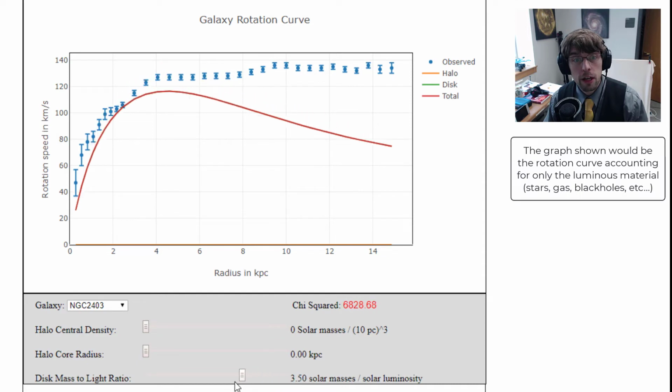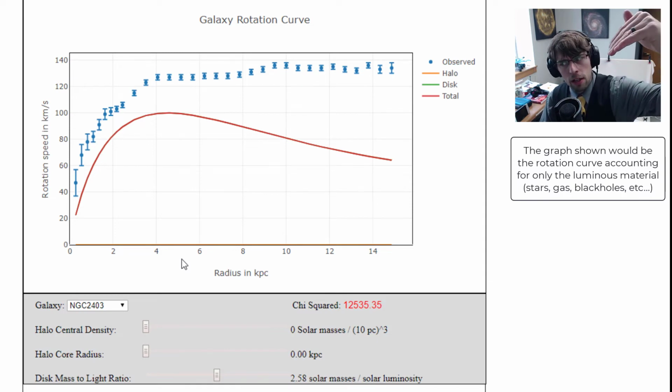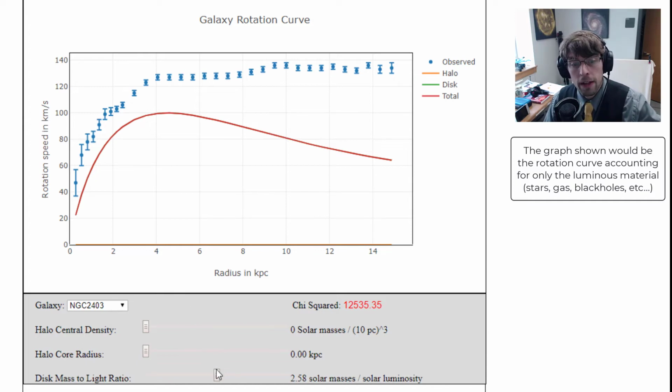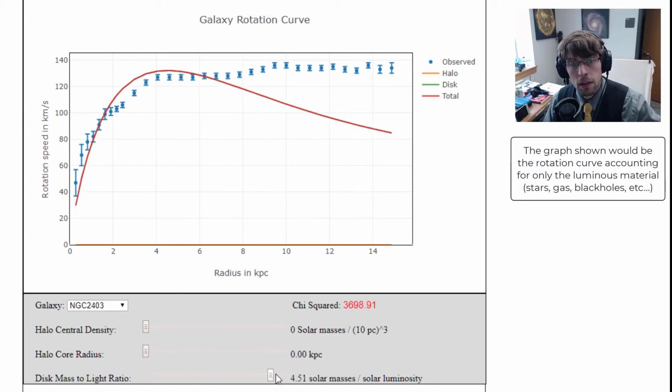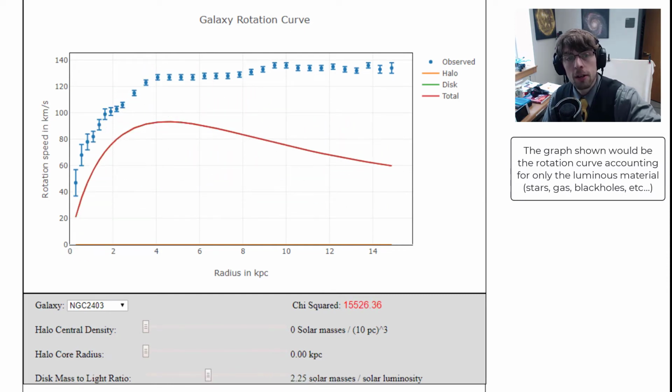And notice we're recovering that characteristic shape that we would expect from Kepler's law, is that as you move outwards, we have to get outside the galactic center before we see this decrease as we move further and further away. So right about here, 5 kiloparsecs or so, then you notice it starts declining, like we would expect according to Kepler's laws. And you notice that no matter what value I set at, I can't match the observed data.